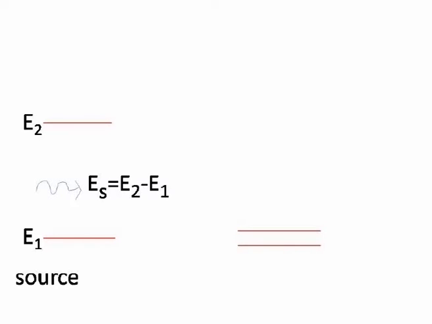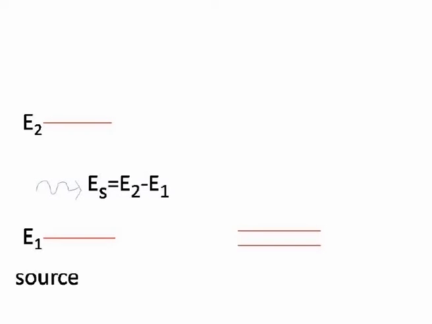So, the source, a single line source, E1 here, E2 here, giving me a gamma ray Es equal to E2 minus E1. There is a catch here. In the absorber you have 2 levels appearing corresponding to the ground state.